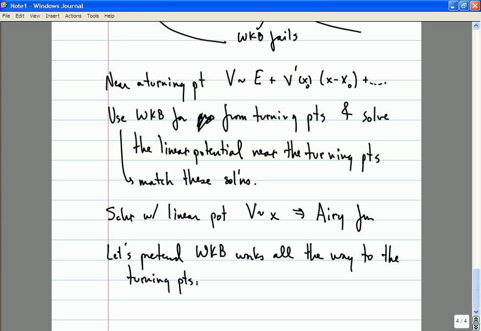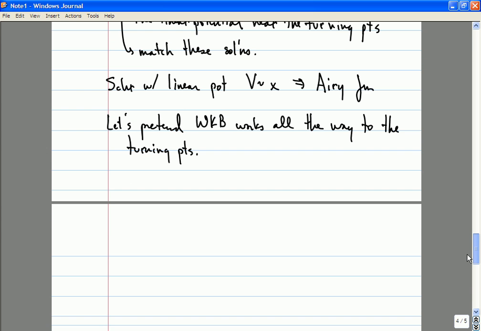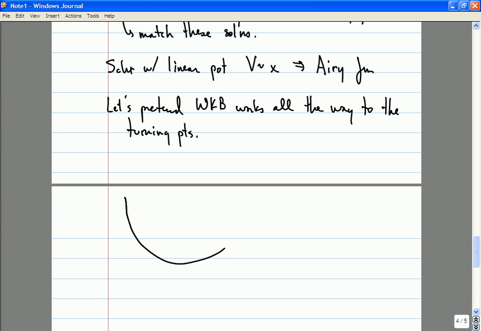To be a little more explicit, we have some potential here, the x-axis and V of x, and some energy E of the eigenstate, and then these two turning points that I'll call x1 and x2.